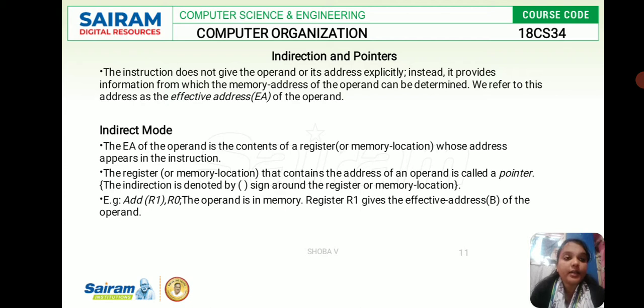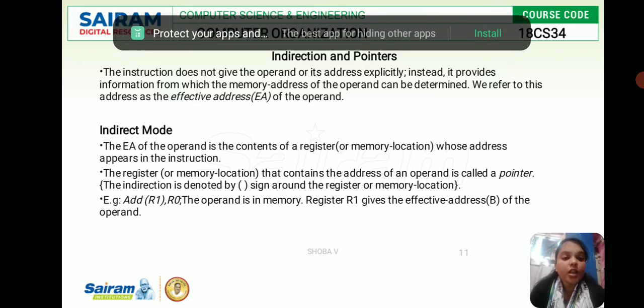In indirect mode, the instruction contains the address of an operand, which is called a pointer, and the effective address of the operand is the content of the register whose address appears in the instruction. This is denoted by parentheses around the register or the memory location. Here is an example. Whenever you see this notation, we can easily identify it as indirect mode.